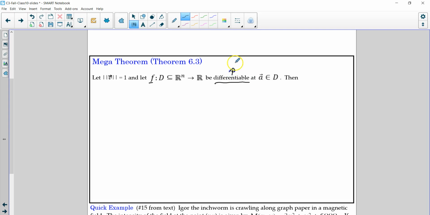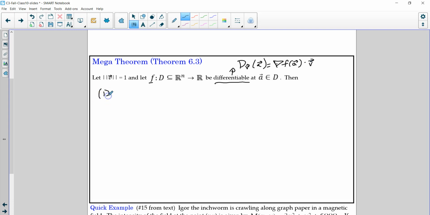As a result, the directional derivative in the v direction at a is equal to the gradient of f at a dotted with v. And then we get four nice properties.